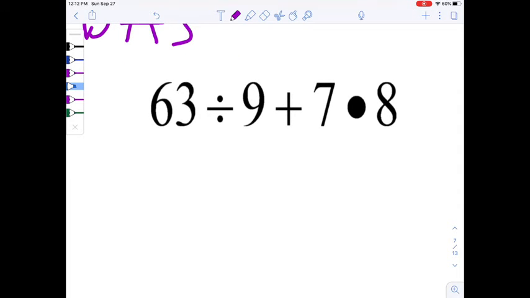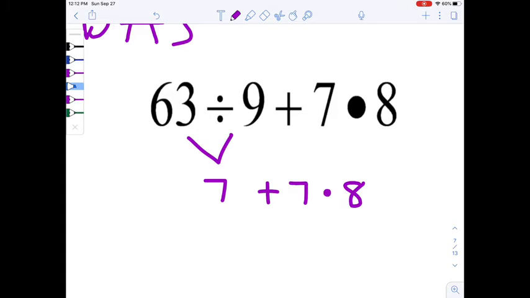Next one here, parentheses, nope. Exponents, no. Multiplication, yes, but I also have division. Whenever there's multiplication and division both, we work from left to right. So I actually have to do this division first. 63 divided by 9 is 7. And then we have plus 7 times 8.